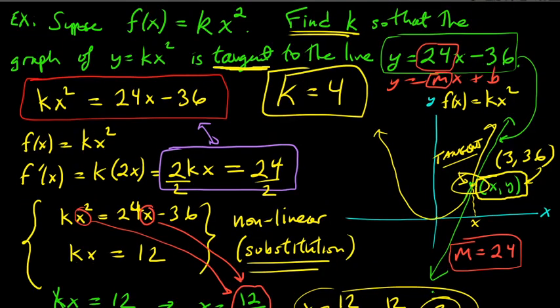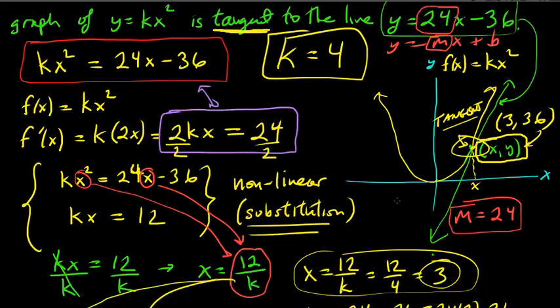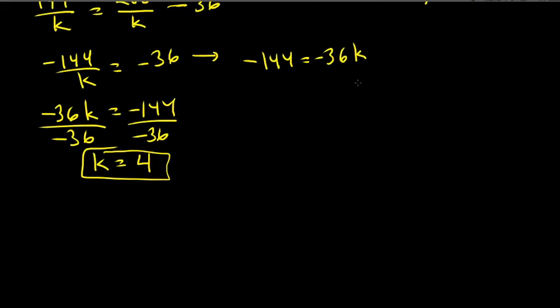It could say find the point of intersection, to find where the line crosses the... I shouldn't say cross, right? Where the line is tangent to the graph. And that's maybe a slight point here. If you have a curve like this and a tangent line, I would be hard-pressed to say that the line crosses the graph. It doesn't really cross the graph here, does it?